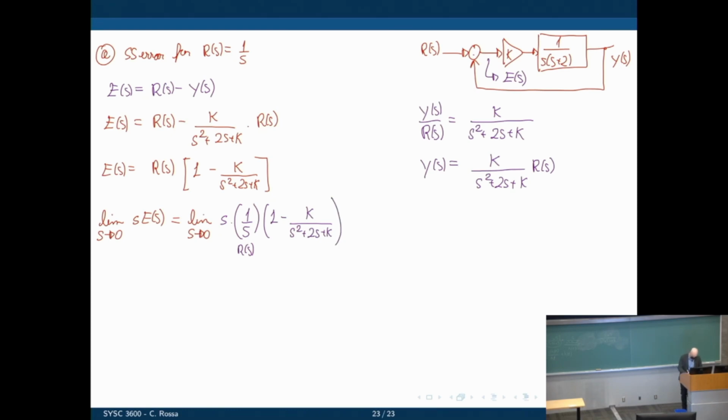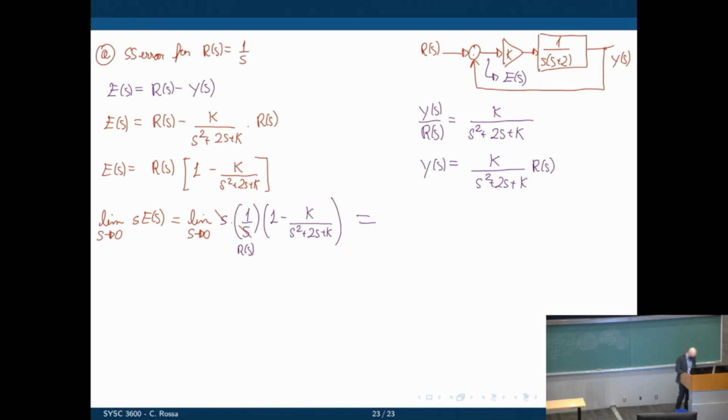What is the result of the operation? So this s cancels that s, and then we have 1 minus K over... when all s's are 0, we have K over K, which is 1. 1 minus 1 is 0.